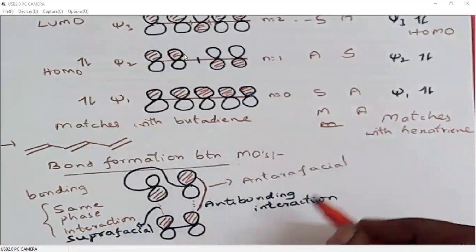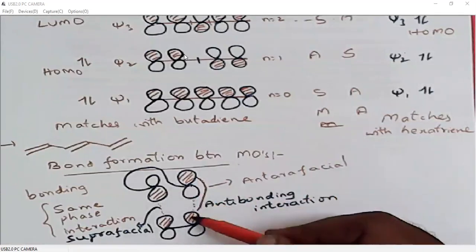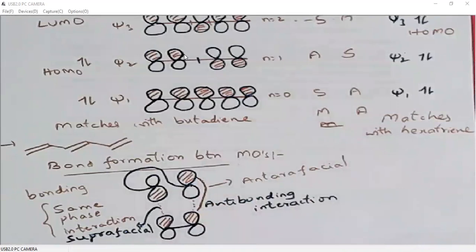What is antarafacial? If a direct bonding is not possible when the orbitals are approaching, one orbital approaching with a negative lobe, one orbital approaching with a positive lobe, then they cannot directly undergo bond formation because it is an anti-bonding interaction.